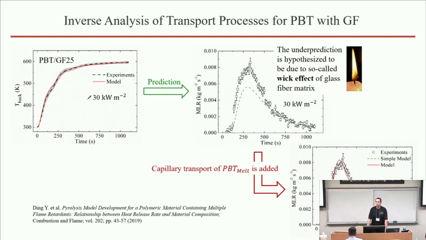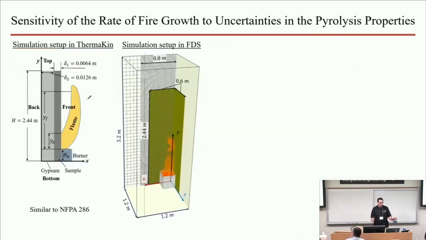We looked at all the information available on a variety of combustible solids and tried to understand how uncertain they are from the point of view of the people who measure those properties, and whether these uncertainties actually translate to reasonable fire growth predictions, or whether they indicate that our measurements are not sufficiently robust to make these fire predictions with certainty. So to do this, we focused on this type of system.